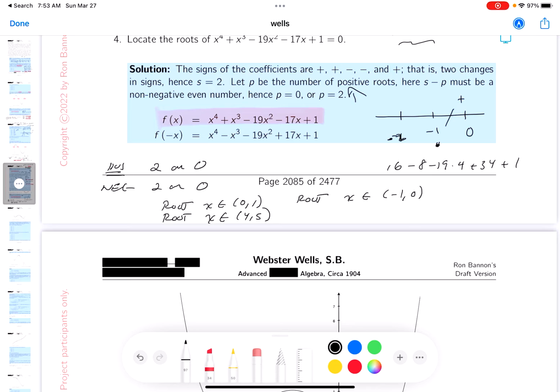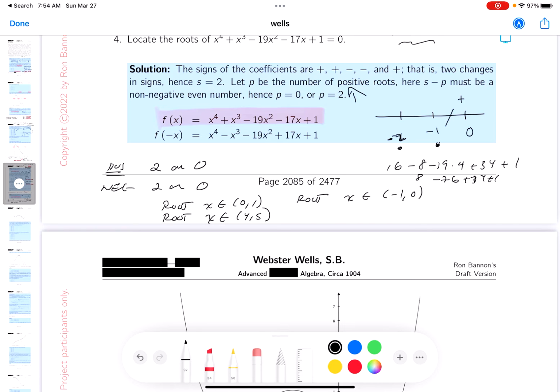All right? So 16 minus 8 is 8. And then, that's going to be minus 40 and 36, minus 76, plus 34, plus 1. And that's going to be clearly negative. Well, it's still negative over here. Let's keep going.